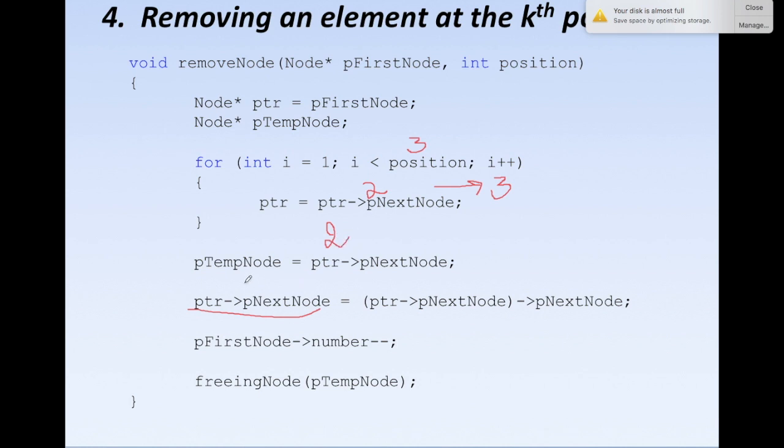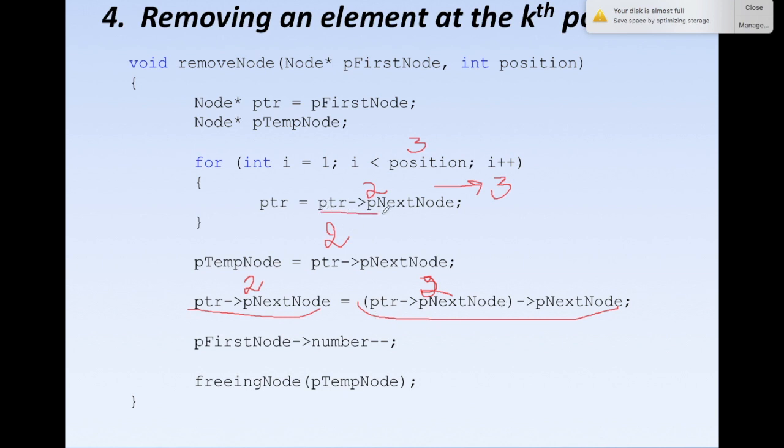So this is the pointer part of node 2. Now the pointer in node 2, I want it to be equal to ptr.next_node. What is that pointing to? This is node 3.next_node. This is the address of node 2, right?